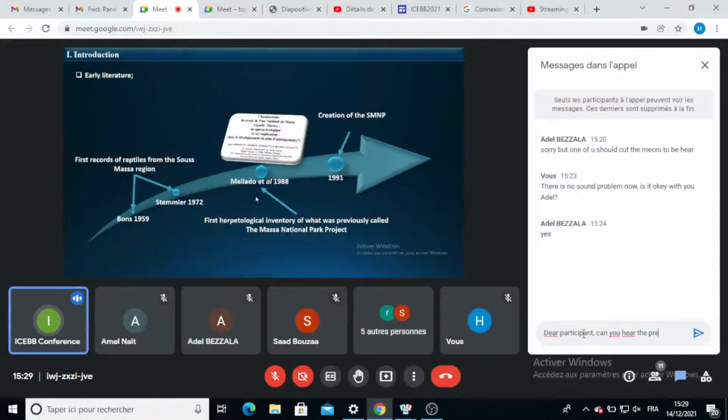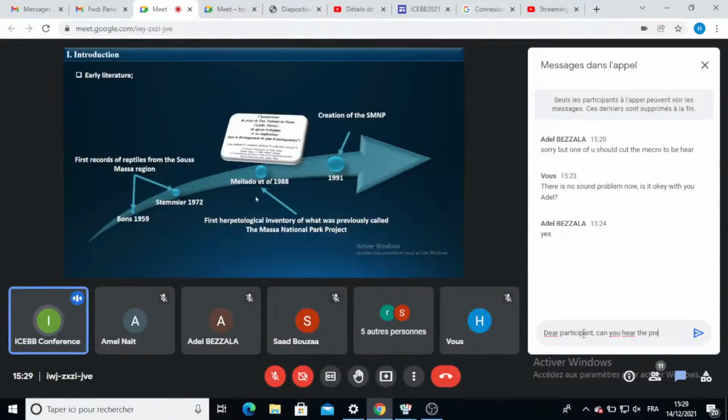These records were followed by anecdotal inventories in what was previously called the National Park Project in 1988. 30 years after establishing the Sous-Massa National Park, no further herpetological inventories have been made.